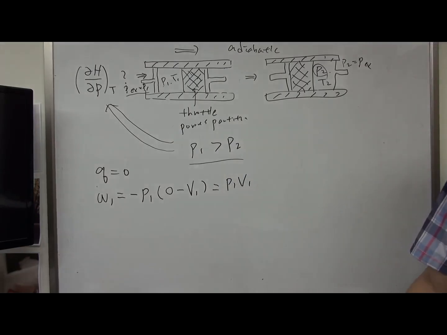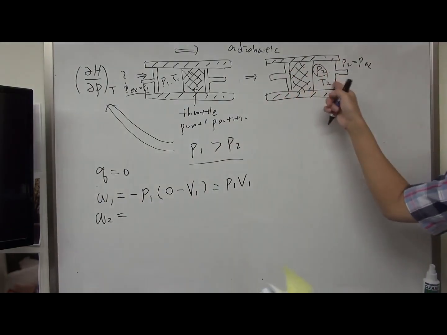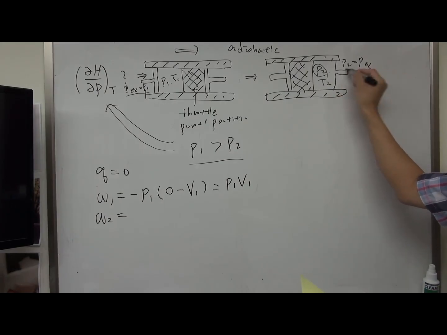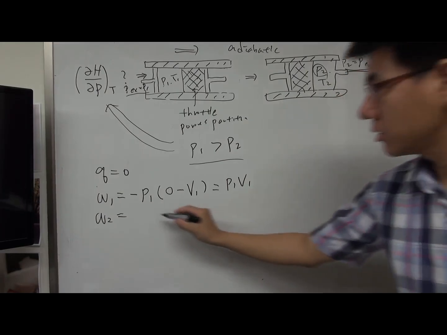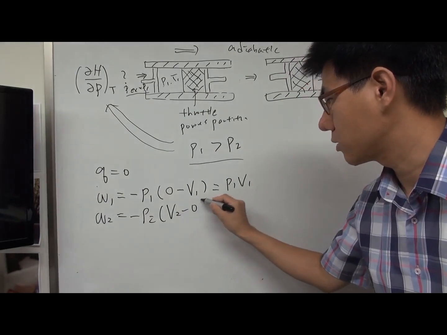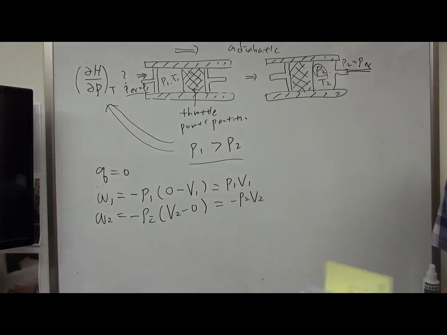How about during expansion, W2 on the right side? This expansion is also performed slowly enough to maintain mechanical equilibrium, so it's minus P2 times (V2 minus 0), that is, V2.